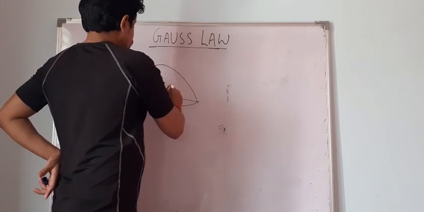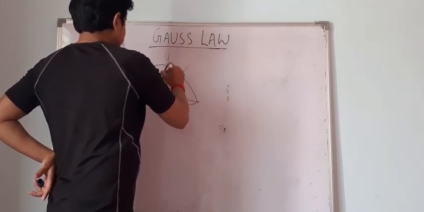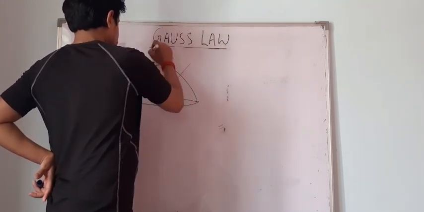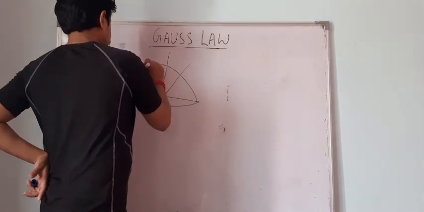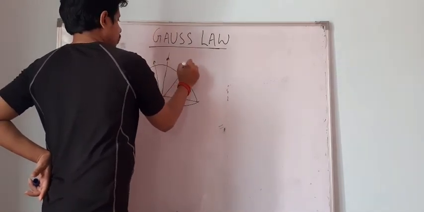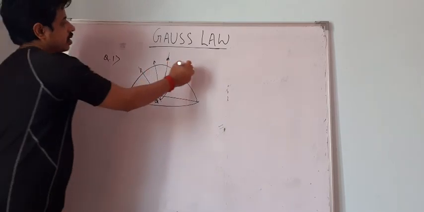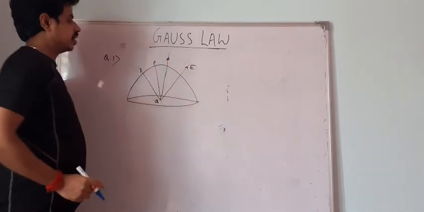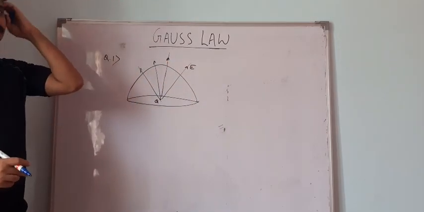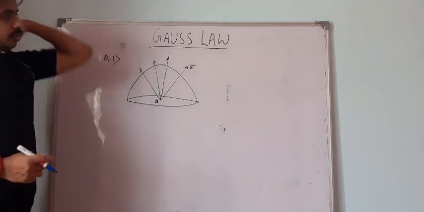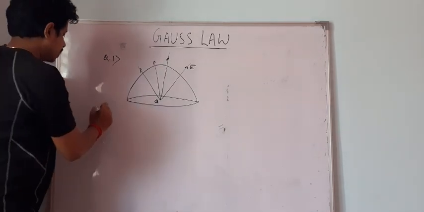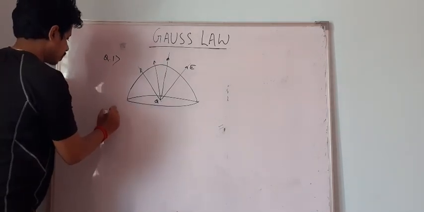Like suppose this is emitting electric field lines, and we have to find the flux of this electric field through this hemispherical surface. So first we will do it by method 1.